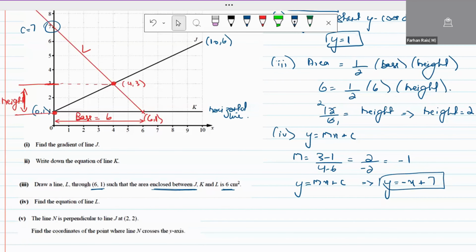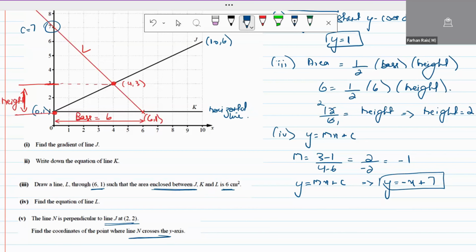Part 5. Line N. Now it's a different line. They are talking about line N. Line N is perpendicular to line J at 2, 2. Find the coordinates of the point where line N crosses the y-axis.